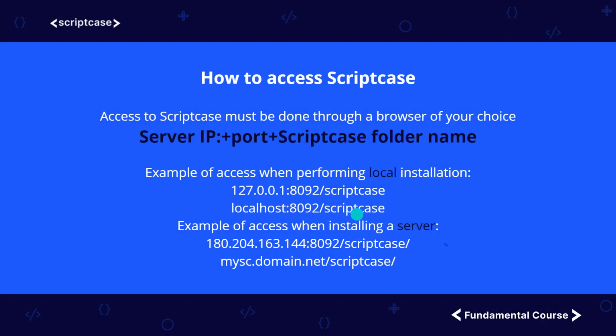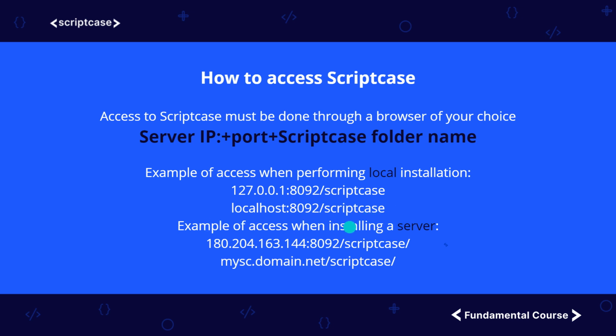So to access Scriptcase, you will always type the server IP, then port, and Scriptcase folder name. Here I have some examples. If you are accessing Scriptcase from a local installation, you can use the localhost IP or localhost, then the port, in this case 8092, then scriptcase, which is the Scriptcase folder name where Scriptcase is installed or located.